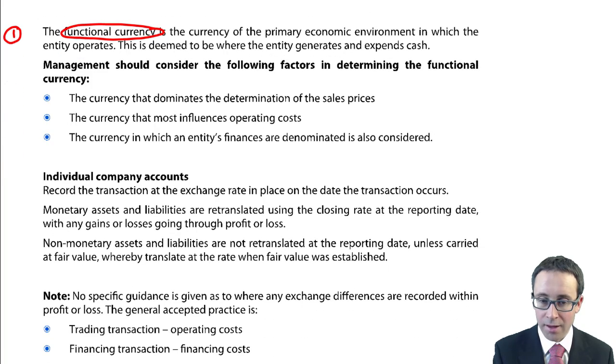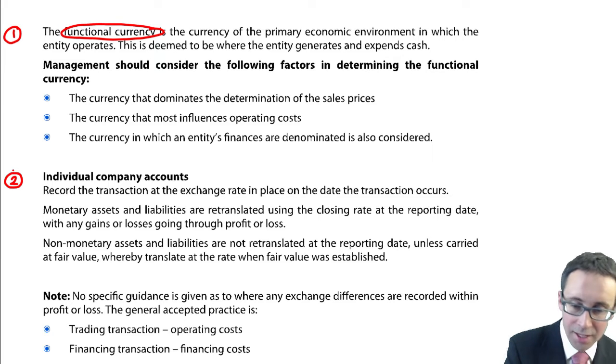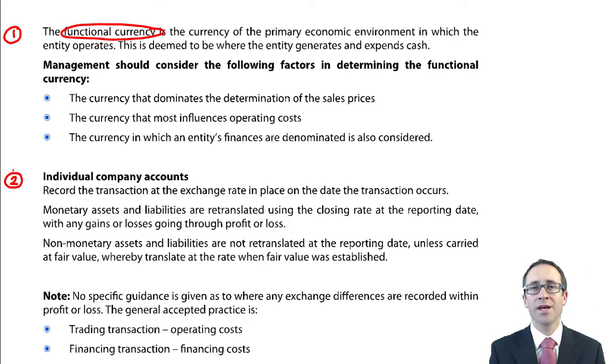Once we've gone through and understood the functional currency, we can then look at how to record transactions in that functional currency if the transaction we enter into is in a different currency.